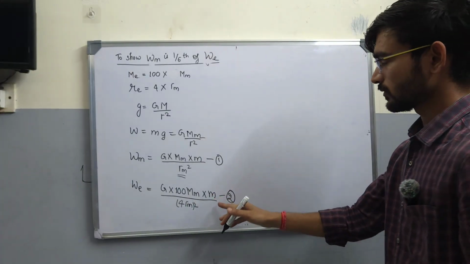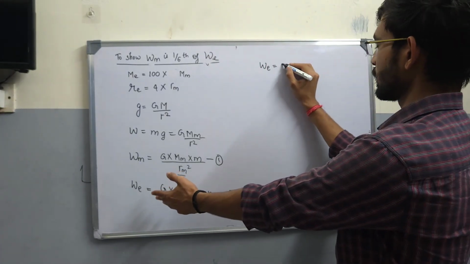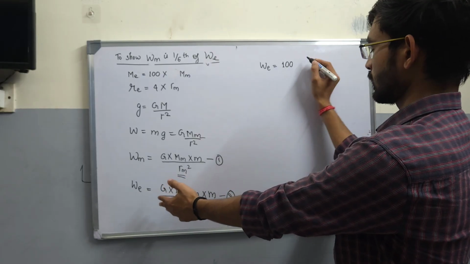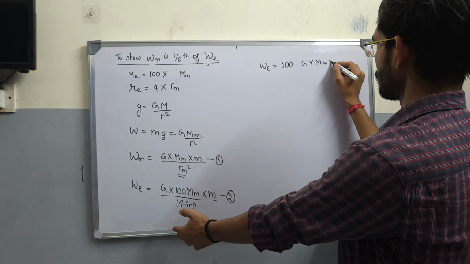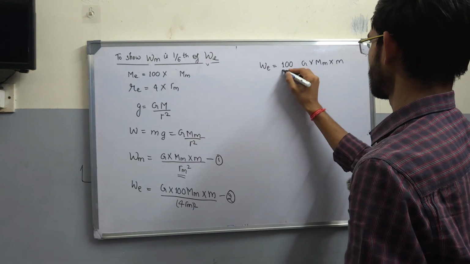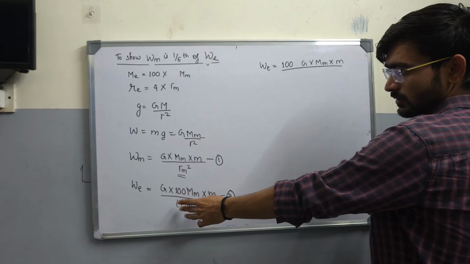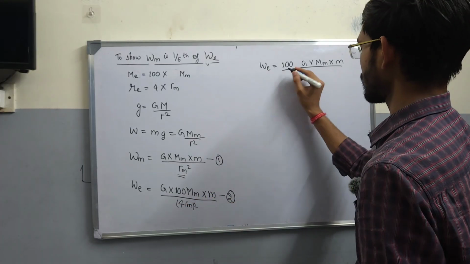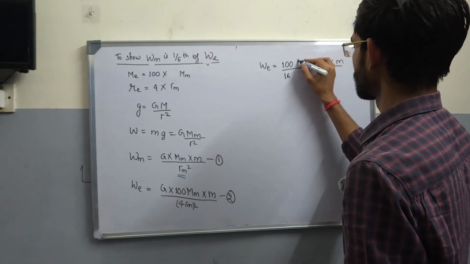Take the second equation. I can write weight of earth as, taking 100 this side, G into mass of moon into mass of the particle upon this square, meaning 16 into radius of moon square. So I'm taking 16 this side and writing radius of moon square this side.